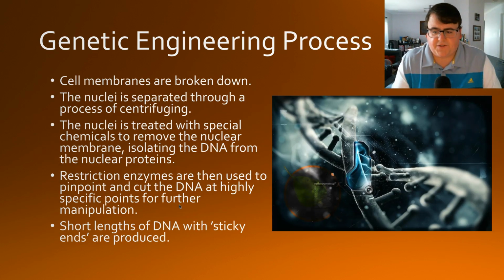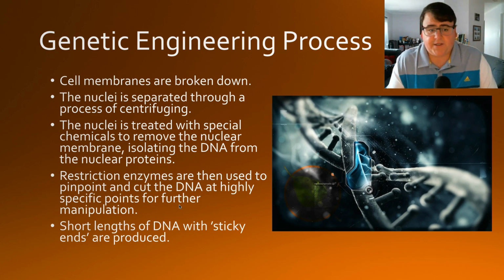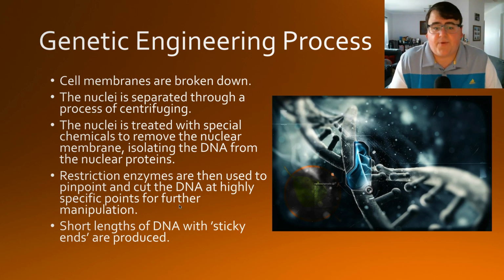What's the actual process of genetic engineering? Well, first off, cell membranes are broken down. The nuclei are separated through a process of centrifuging, and centrifuging is just spinning very, very fast. We do have a centrifuge machine at school, so we might see this process in class. We then treat the nuclei with special chemicals which break down the nuclear membrane. Once we've done that, we can isolate the DNA from the nuclear proteins.